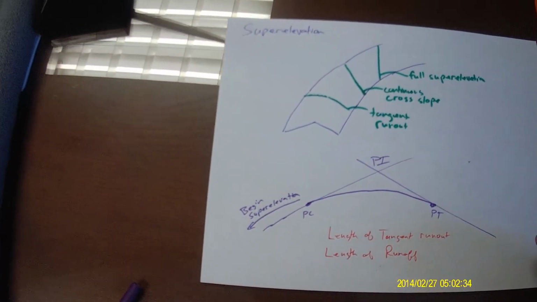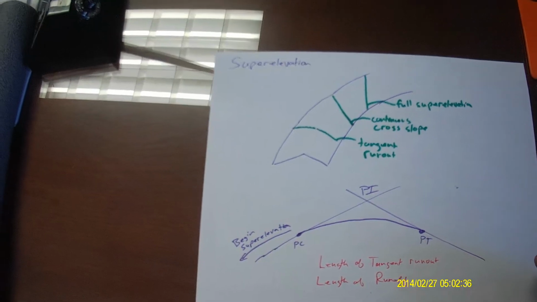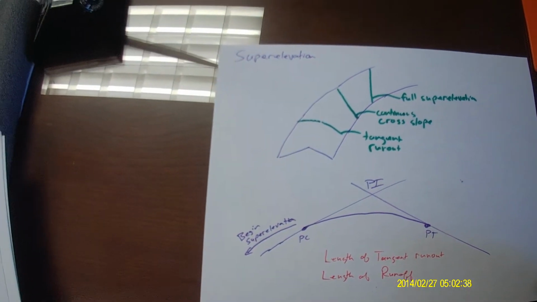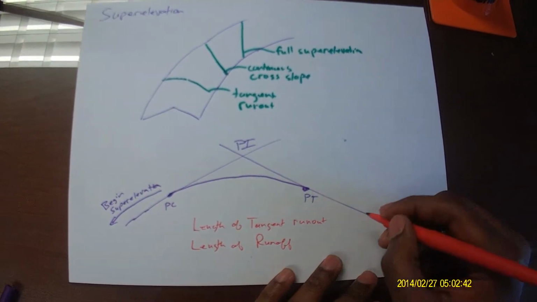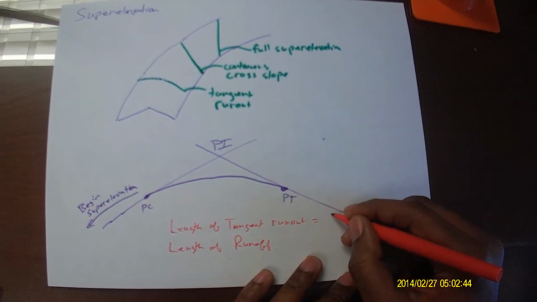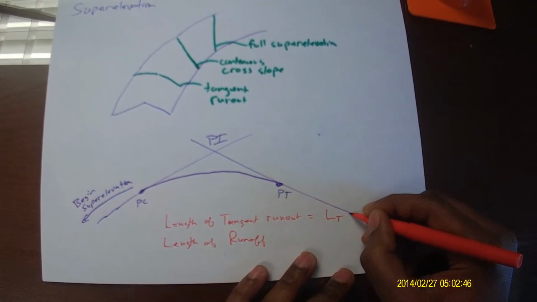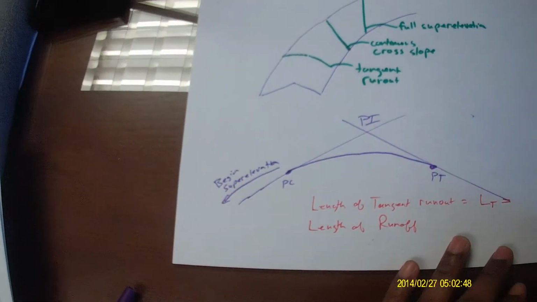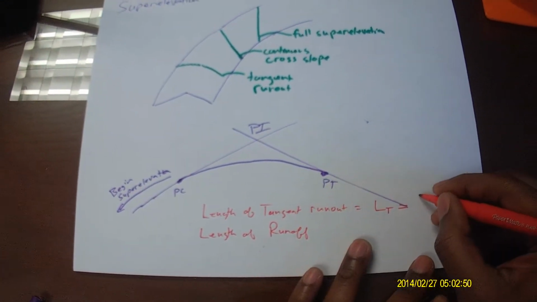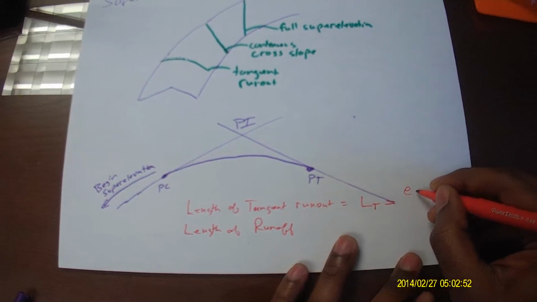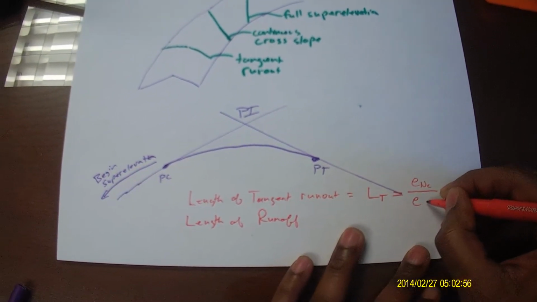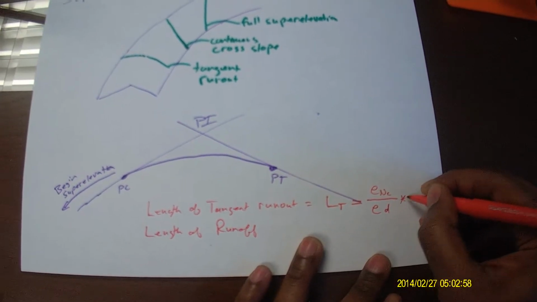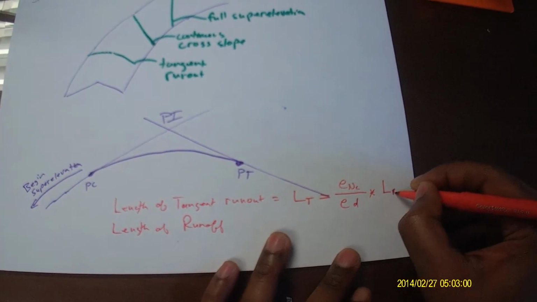Now those equations are basically written as such. The length of tangent runout, which is also equal to L sub t, is equal to e_NC over E sub D multiplied by L sub R.